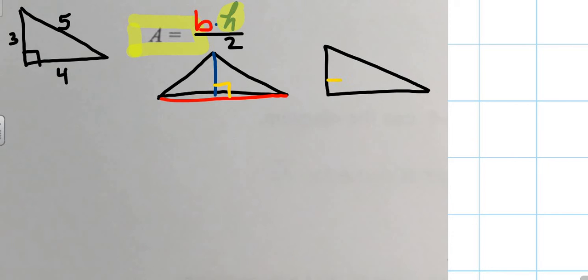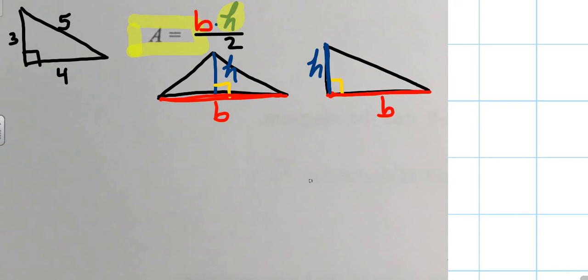But when you have a right triangle, the base and the height are actually the legs of a right triangle. So in this triangle, this length would be the base, this would be the height. In this triangle, that would be the base, and that would be the height.